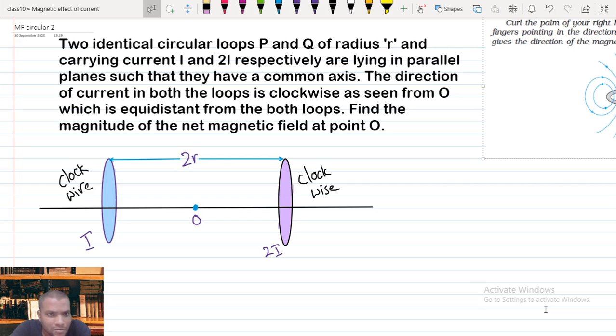Find the magnitude of the net magnetic field at point O. So in the given problem, two loops of equal radius, the radius of the loop is little r.